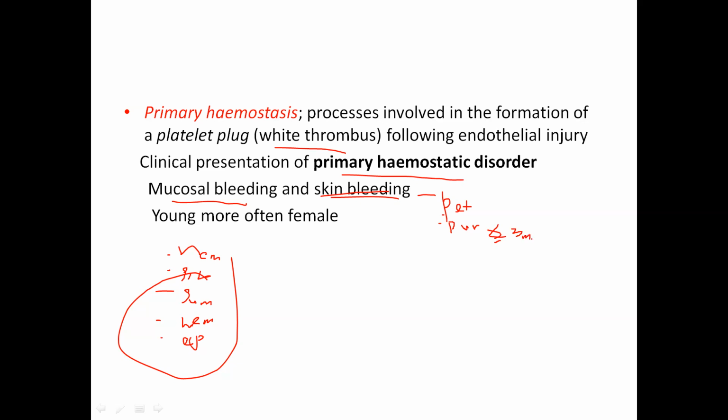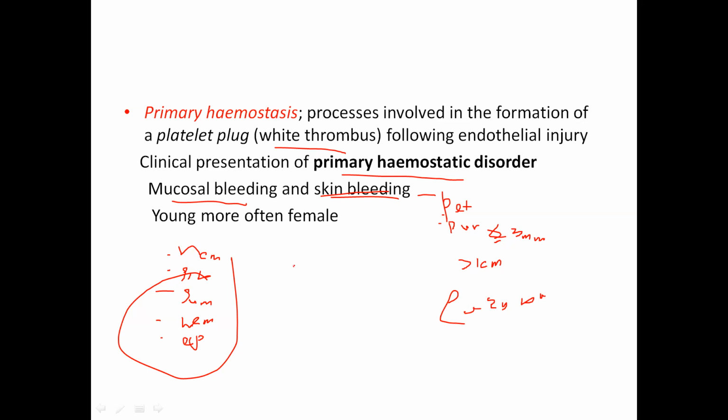And if the diameter is greater than 1 centimeter, we call it ecchymosis. The other skin bleeding manifestation is easy bruising. These manifestations are characteristic of primary hemostatic disorder.